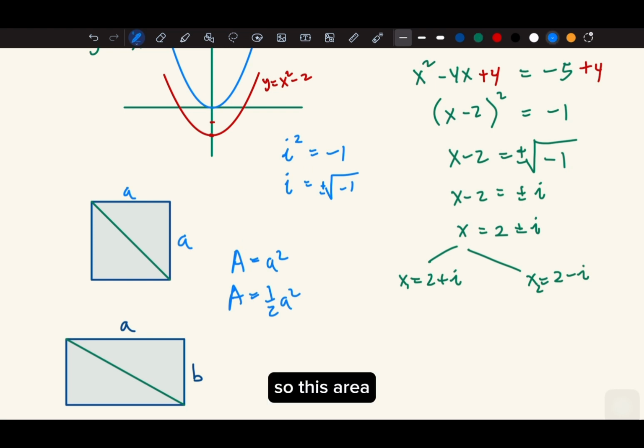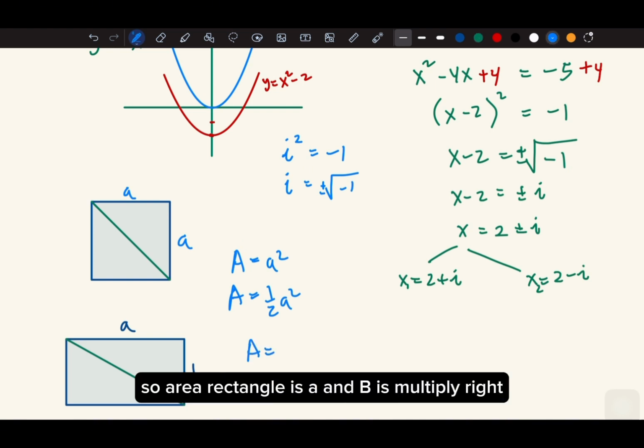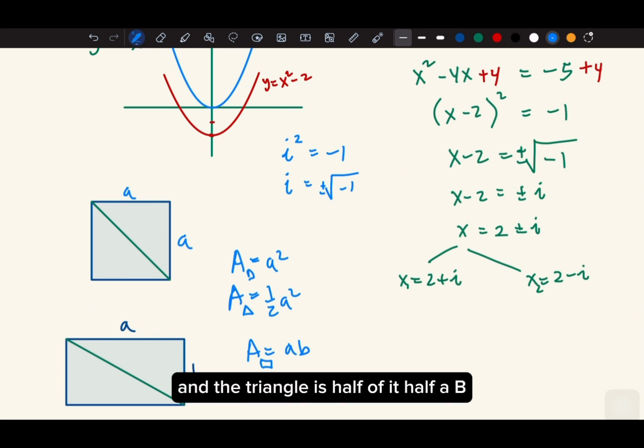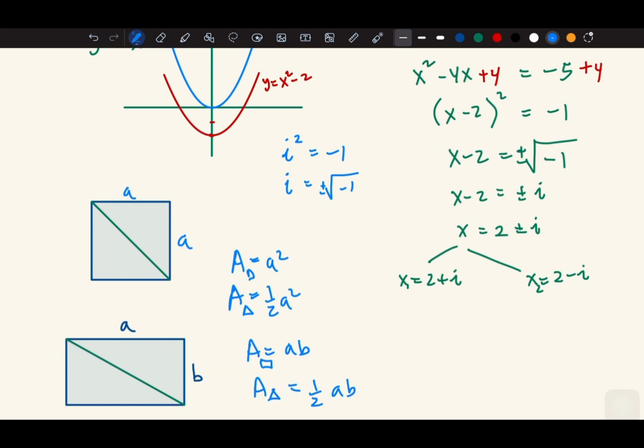So the area of the rectangle is A times B, just multiply, right? And the triangle is half of it, half AB.